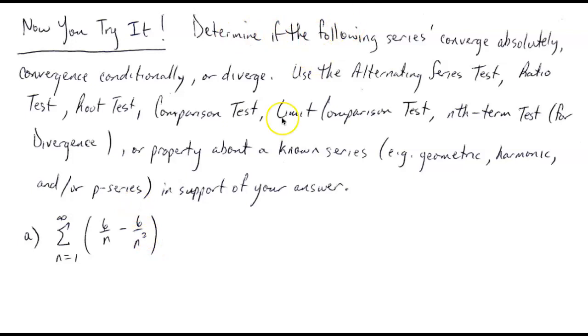Since we have the difference of two sequences in our series, we could rewrite this as the summation of n equals 1 to infinity of 6 divided by n, and then we can write this other series this way.